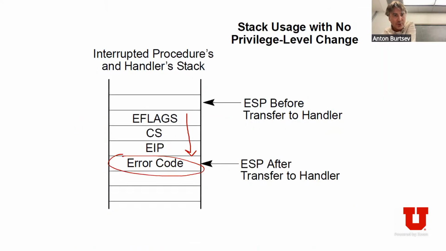So essentially, if there is a privilege change, I will take 5 things, but occasionally there will be a 6th one, an error code, but not always. And if I don't switch the privilege level, then on the stack there will be just 3 things and maybe occasionally an error code.